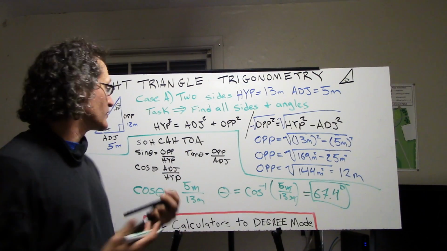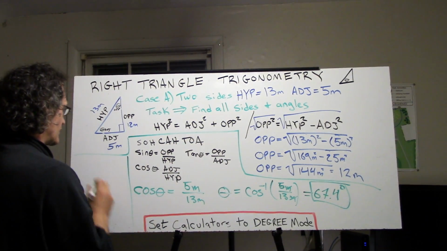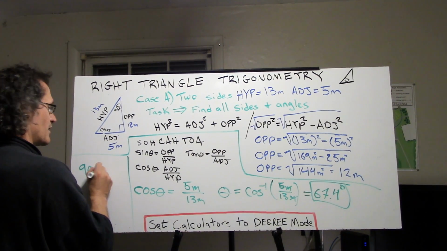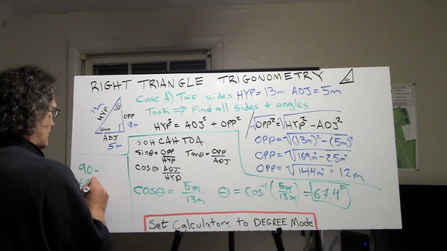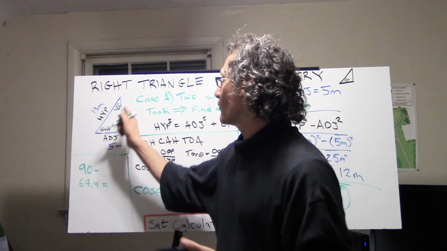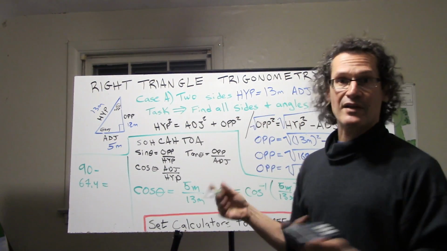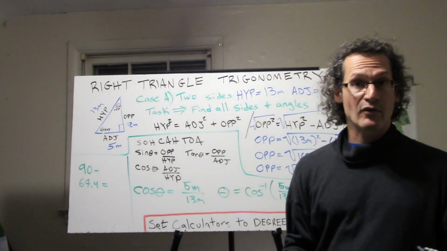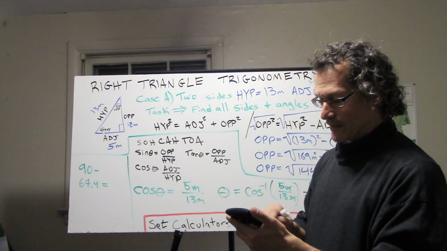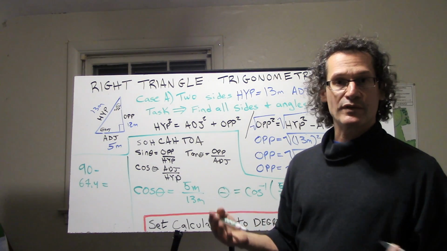We can do that through SOHCAHTOA, but we're going to do it a better way. We're just going to subtract 90 minus 67.4 equals the angle that we're looking for up here. And then we'll have everything. We'll have all sides and angles. Not bad. It fits on one board. How cool is that? All right, 90 minus 67.4 gives us 22.6.